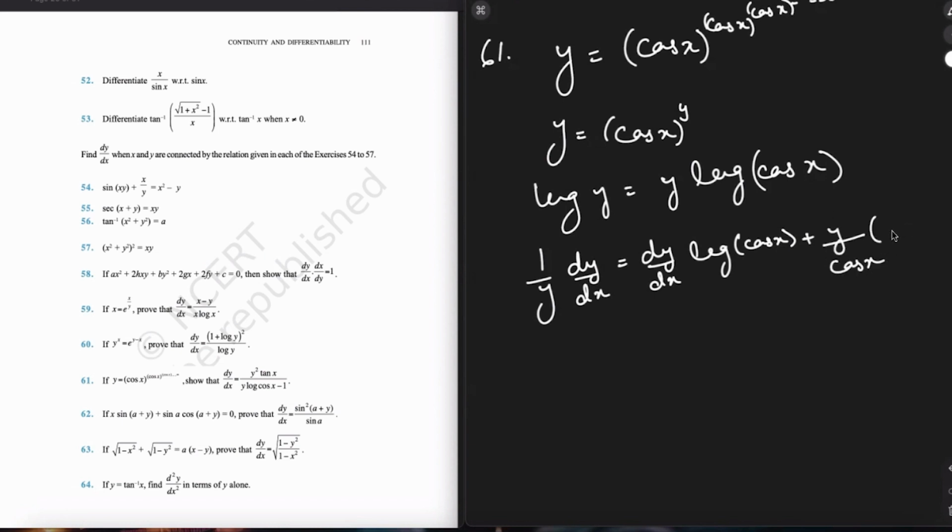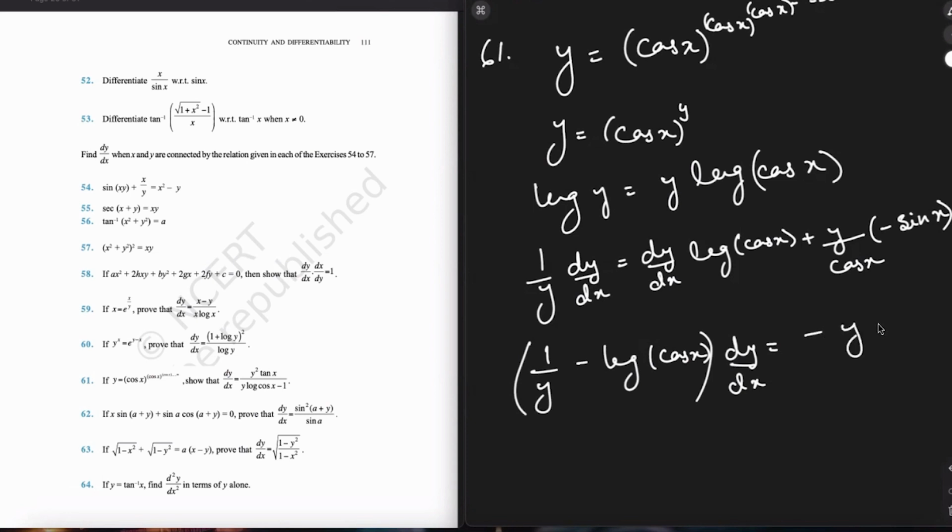Differentiation of cos x is minus sin x. All right. So now 1 upon y, minus log of cos x, dy by dx is equals to minus y tan x.